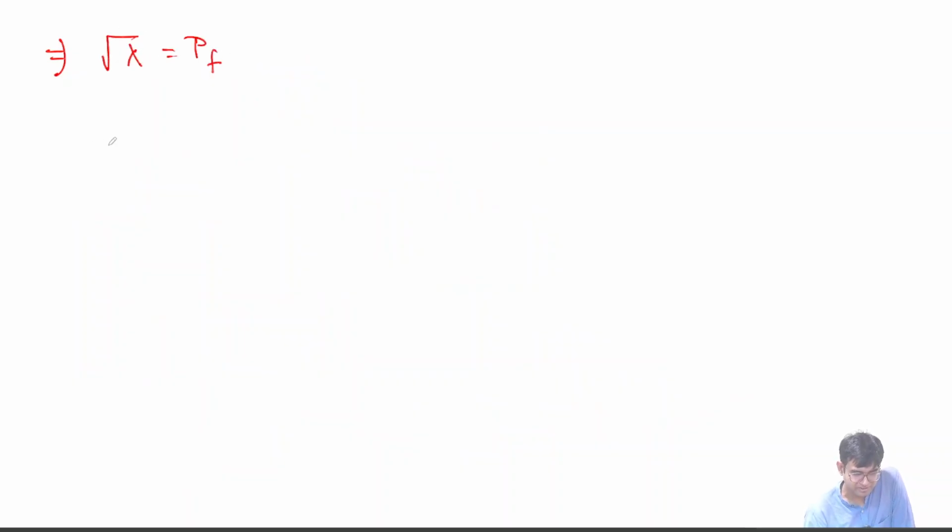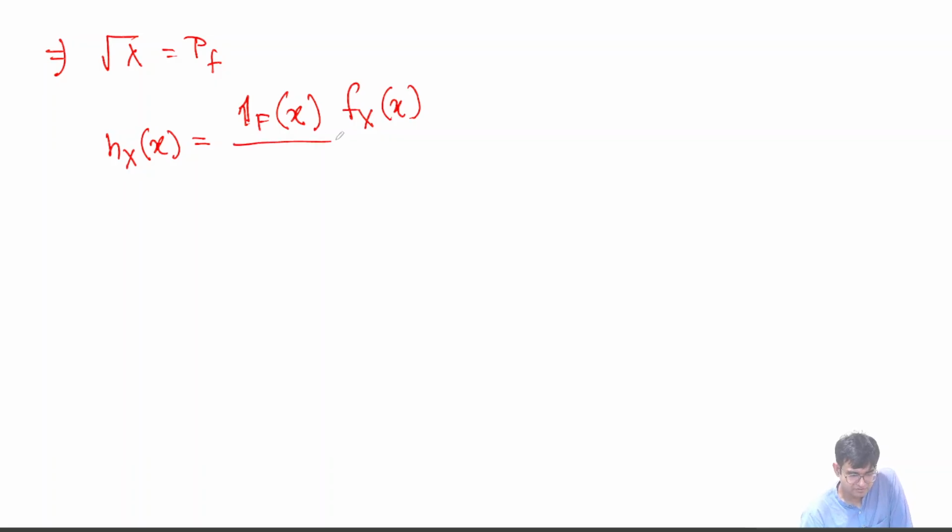And therefore my final h(x) is equal to the indicator function multiplied by f_X(x) divided by PF. So this is my optimal importance sampling density.